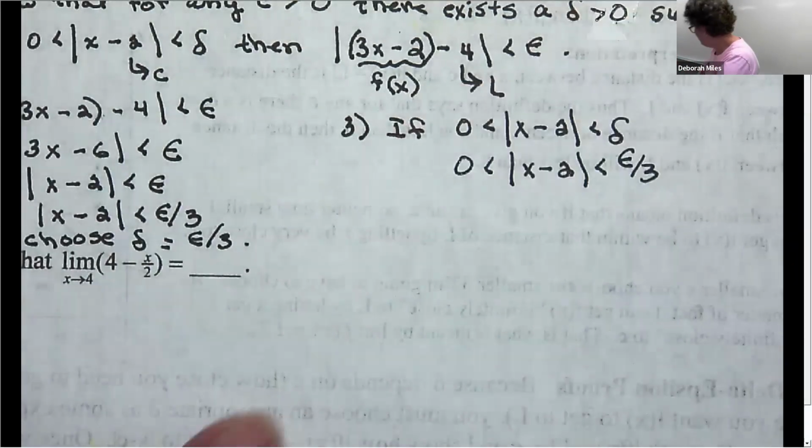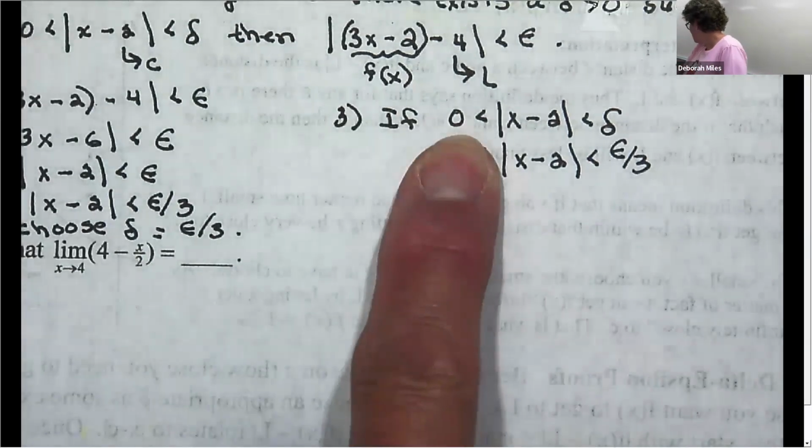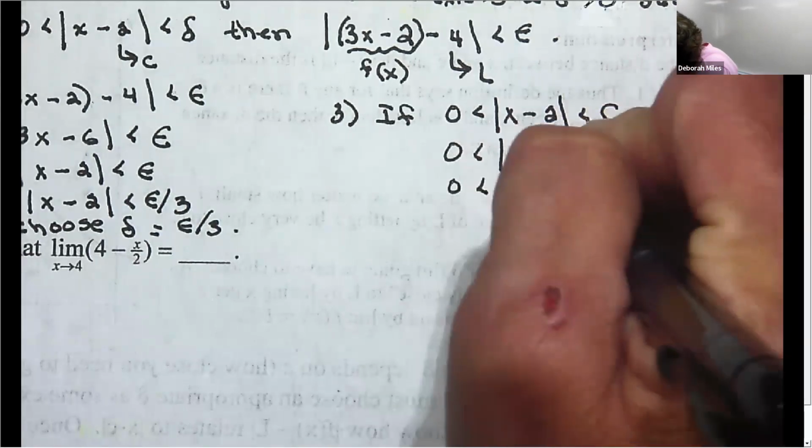Now, on the previous page, on my first example that I typed for you, I kind of dropped the left-hand side. Technically, I shouldn't have. I did, but I'm going to keep up with it here like a good math person. You multiply all 3 sides by 3, you have 0 is less than 3 times the absolute value of x minus 2 is less than epsilon. And if you distribute that 3, you have absolute value of 3x minus 6 has to be between 0 and epsilon.